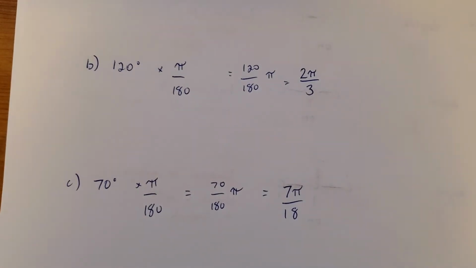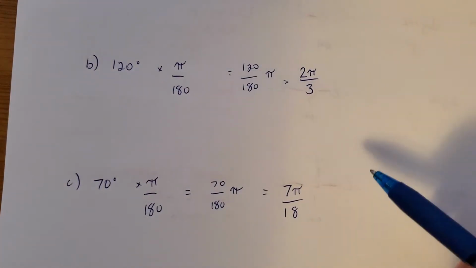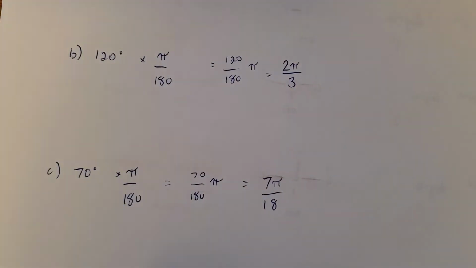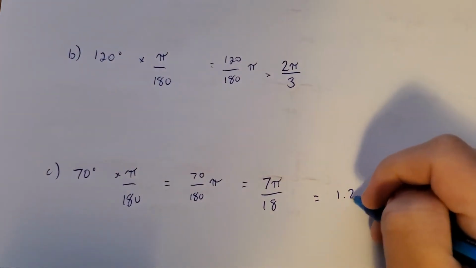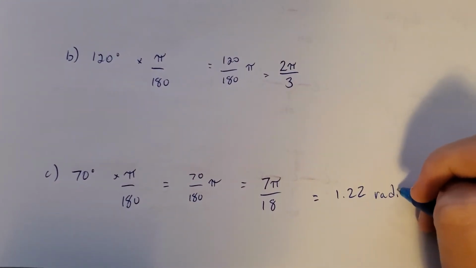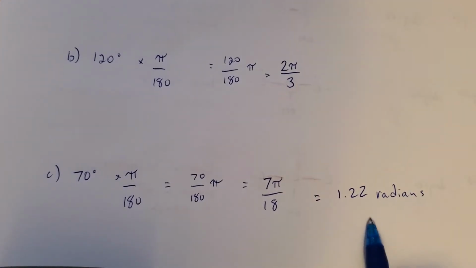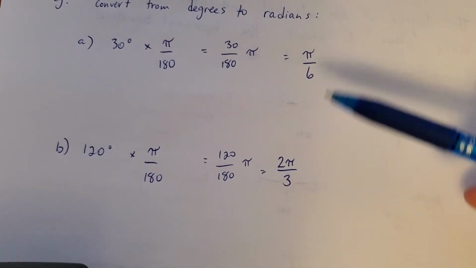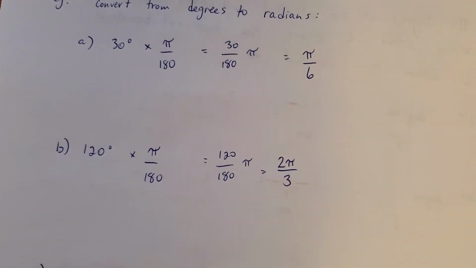If you don't get a nice fraction, like I don't think this is a particularly nice fraction, it's certainly not as nice as the previous two, go ahead and calculate that if you want. So that's just going to equal 1.22 radians. Okay, so either of these are correct. If it's a nice fraction, I would prefer just leave it like this. I don't need to see decimals.